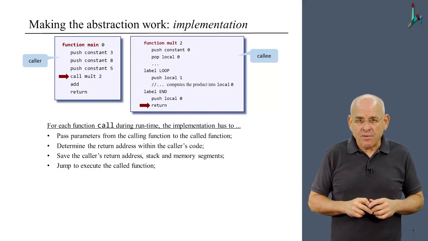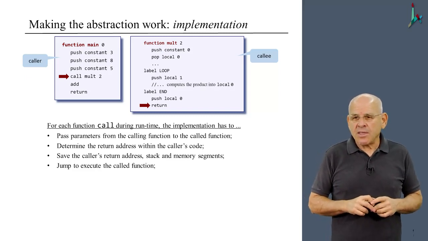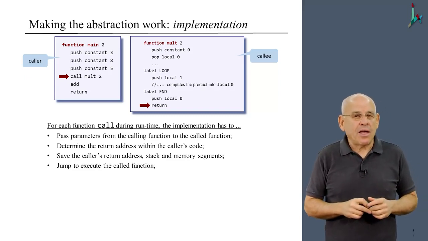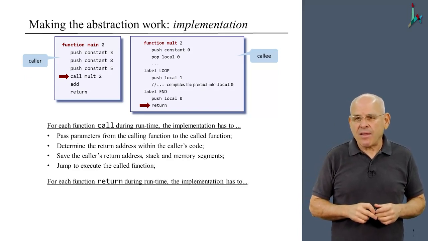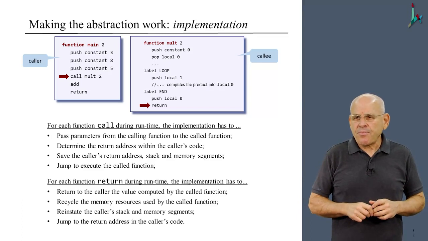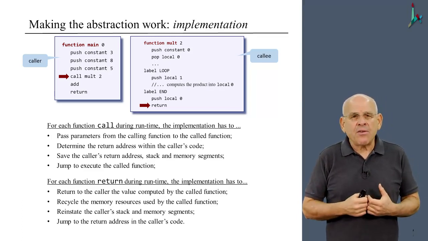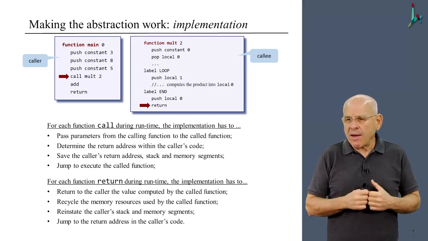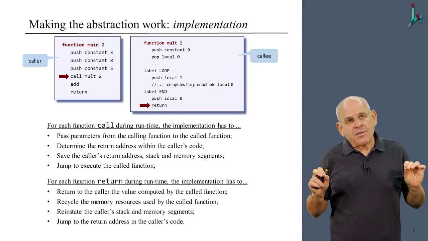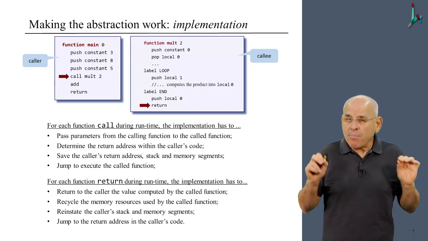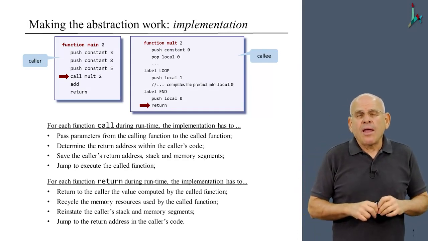Now, what about return? Return is also quite involved, right? Because here is what I have to do whenever, as an implementation, I have to deliver a return command. So let's see. I have to return to the caller the value that was computed by the called function. Okay? And here you see that there's an implicit assumption, which I have to make explicit.